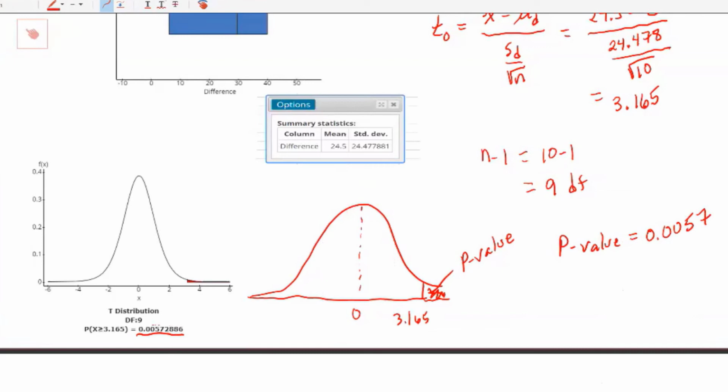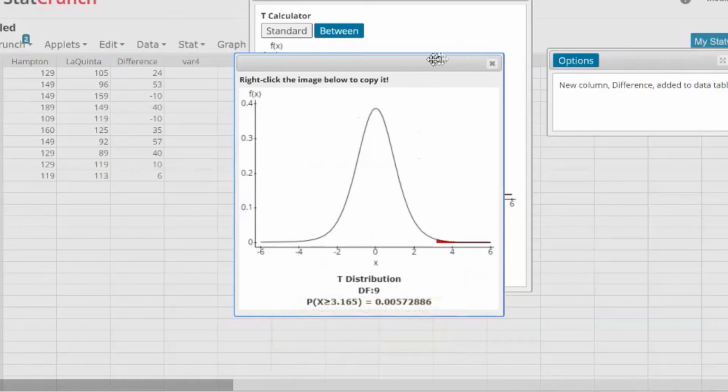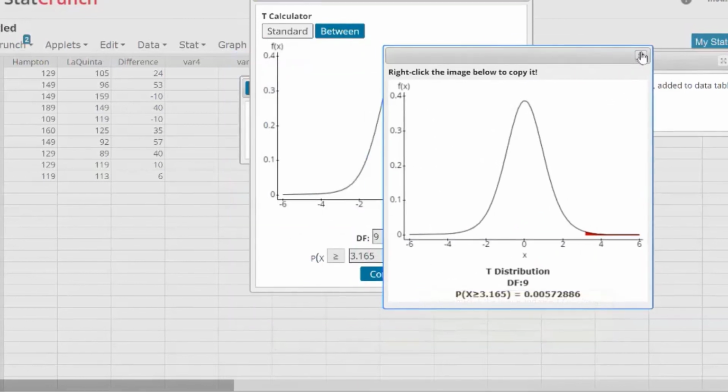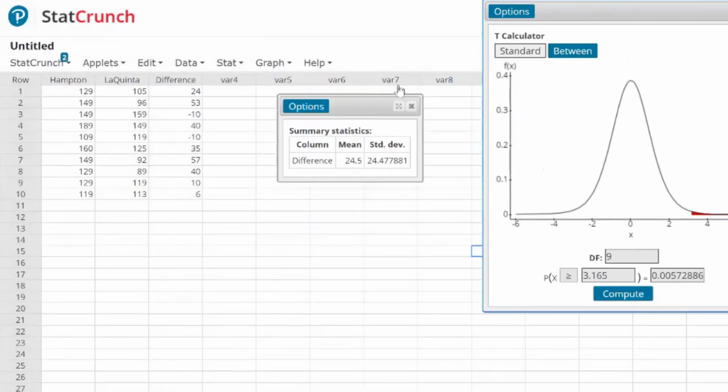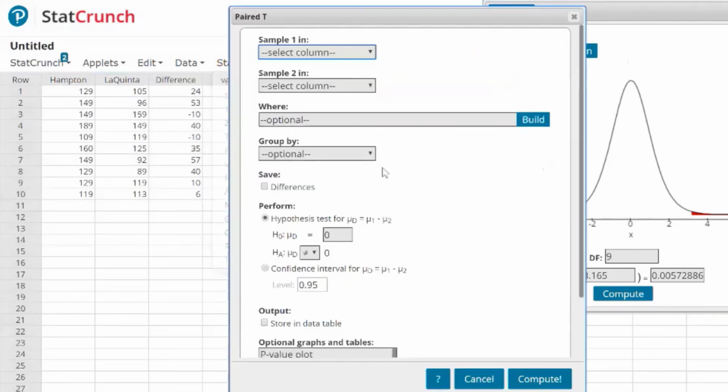But watch how easy it is in StatCrunch. You ready? So we have our model requirements satisfied. In StatCrunch, you're going to select Stat, T-stats, Paired, as in paired data. Sample 1 is going to be Hampton.